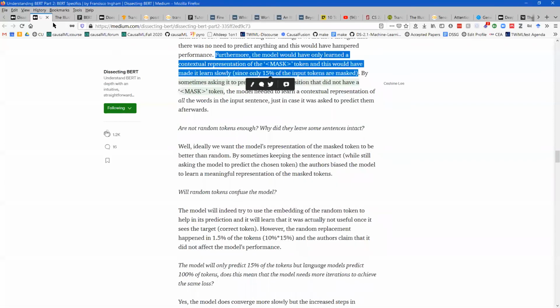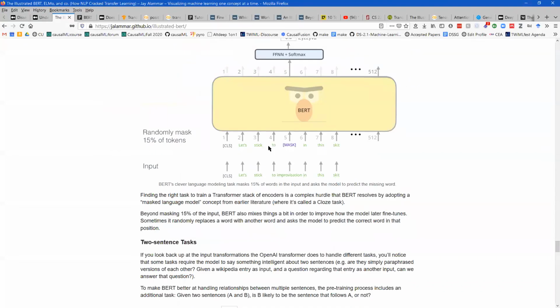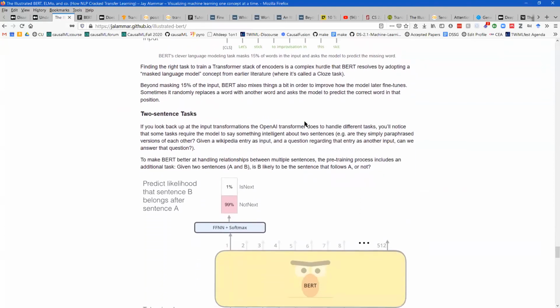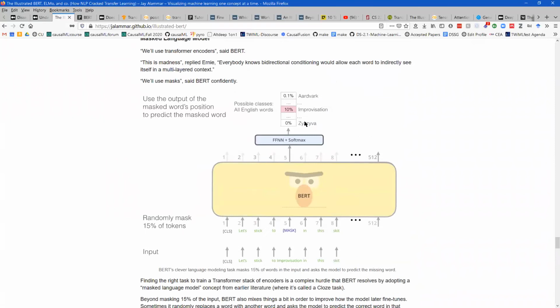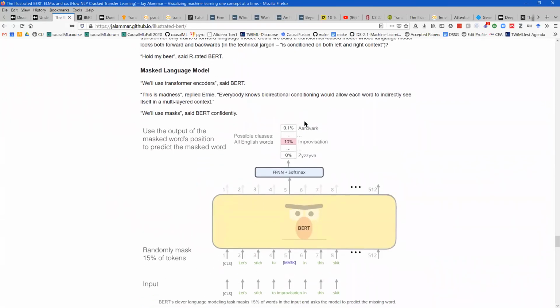Okay. So back to Jay Alammar. Here he goes through this masking bit, and then he talks about the second step. So that's the first task it's trained on, the masked language model.